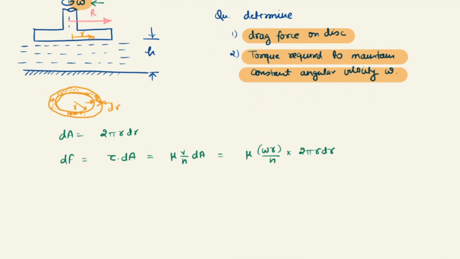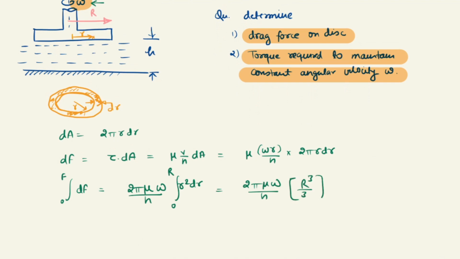Now this elemental force is 2 pi mu omega r square dr by h. We can integrate it from r equal to 0 to capital R. We are going to get 2 pi mu omega by h into R cube by 3.